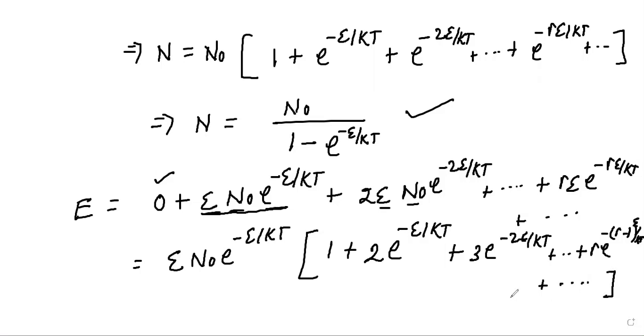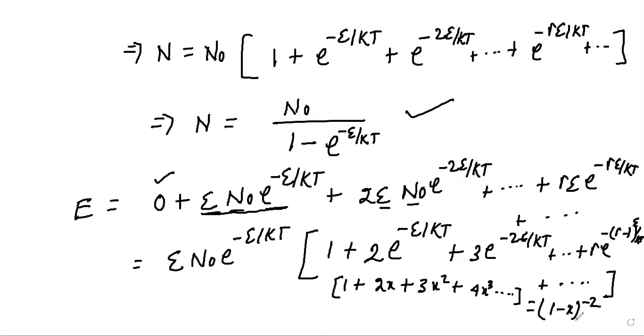This way we got. So now you see here what you got, this is in the form of kind of 1 plus, suppose this is 2x, plus 3x squared, plus 4x cubed. So this way if you see the series, it gives something like this: 1 plus 2x plus 3x squared plus 4x cubed, likewise. If you write this series, we can actually write it as (1 minus x) to the power minus 2, right?